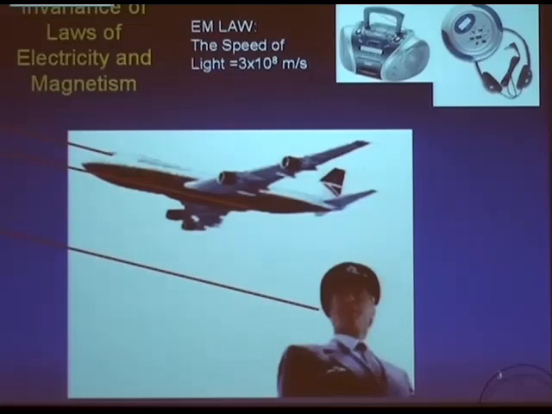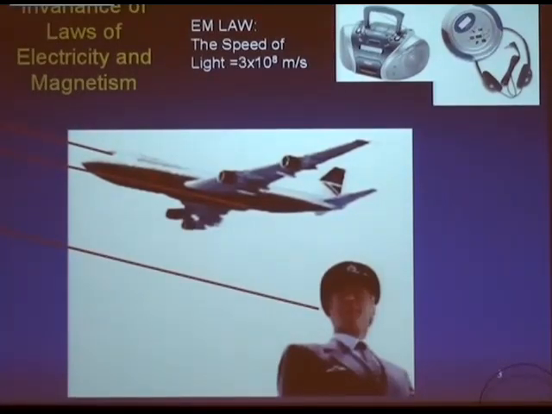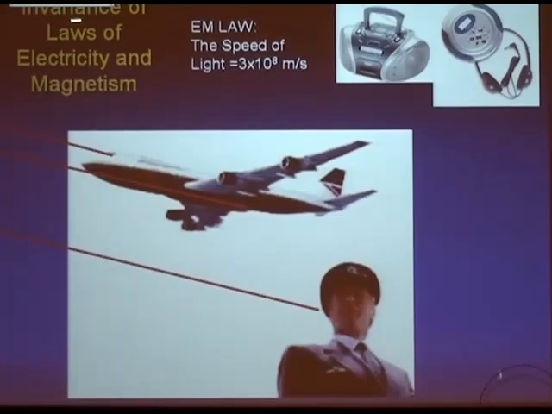But in the beginning now, before I get there, I want to concentrate on what I call the laws of electricity and magnetism, and how the laws of electricity and magnetism lead to this conclusion that the speed of light is a number. And the number comes out of the theory of electricity and magnetism.